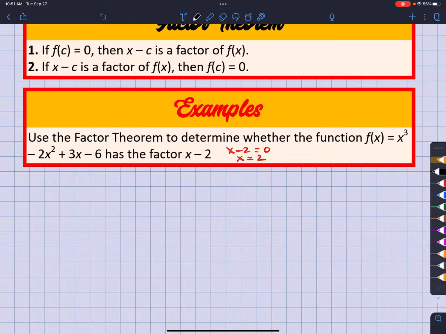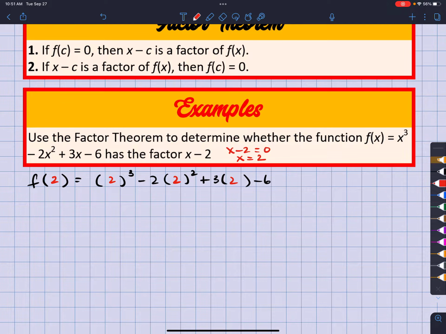So I want to find f of 2. Well, f of 2 would be 2 to the third minus 2 times 2 squared plus 3 times 2 minus 6.